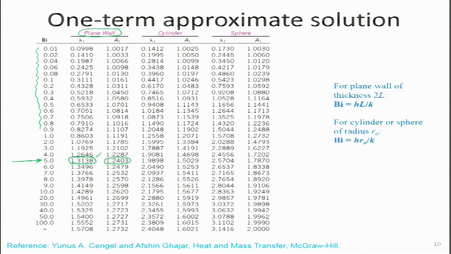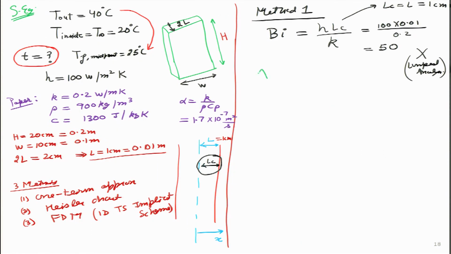I hope this point is clear to the students. I go back to my solution, sorry for skipping around a little bit, and I will write those values over here. From the table we get that for Biot number equal to 50, lambda 1 turns out to be 1.31 and A1 turns out to be 1.24.